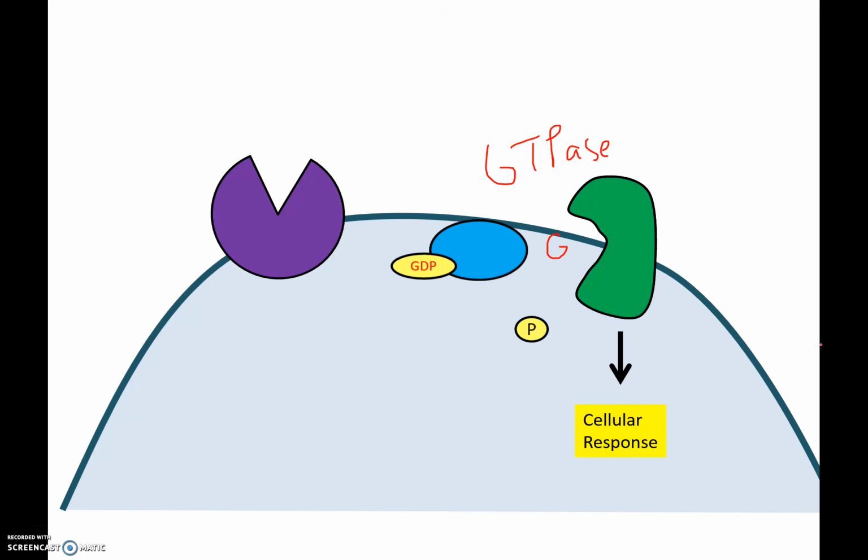And so now that G protein is back to inactive, and it's ready to have a new ligand come in and repeat the whole process. By going back to its inactive form, this also makes it so that the message is only being sent when there's an actual ligand attaching. All right, and that's the basics of how G protein linked receptors work.